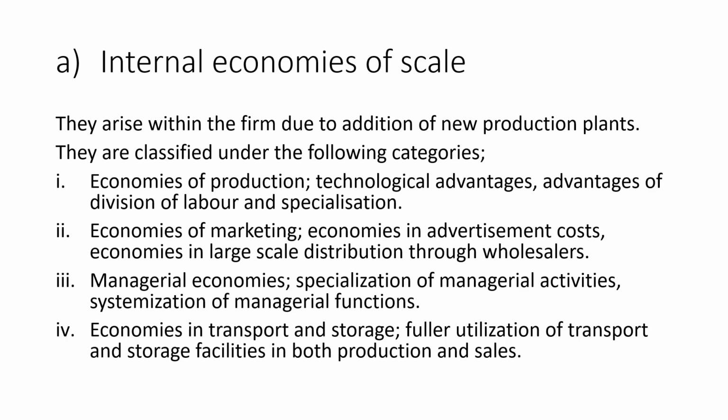This is known as division of labor. It increases the productivity of labor and thereby reduces the cost of production. Specialized workers are able to develop more efficient tools and techniques and also gain speed in their work. So the advantages of division of labor: improved productivity of labor, which decreases the average cost of production.